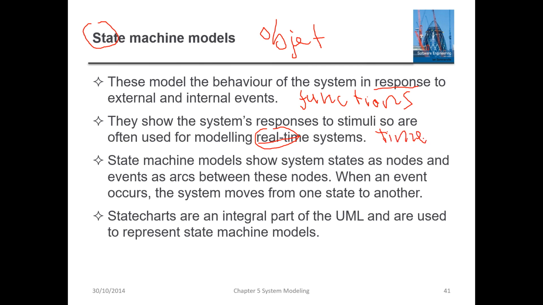For example, when the state of the system is created and next state. So in a state machine model, the system stays at a node and events are the arcs.